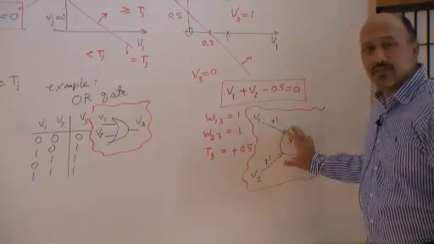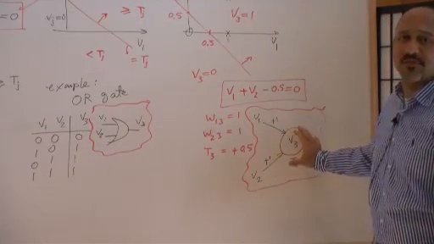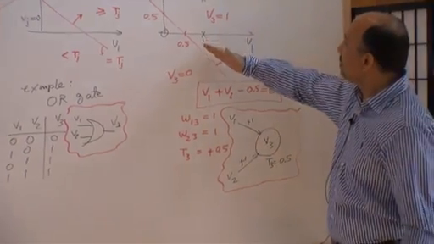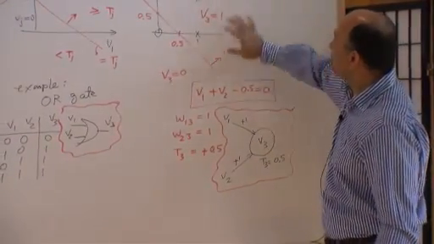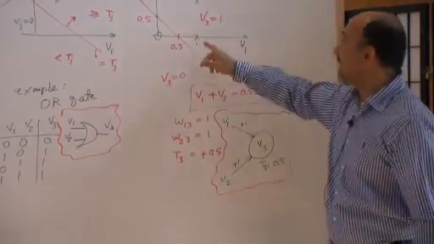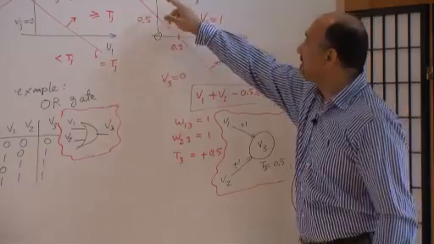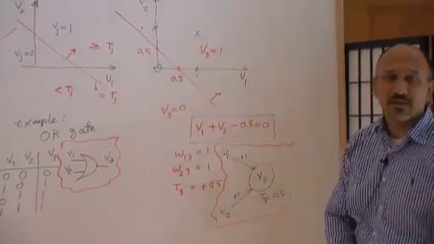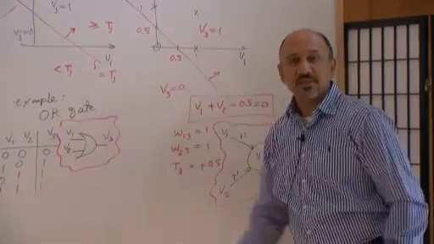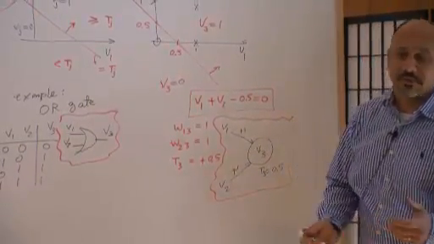But the threshold logic gate has more flexibility. Any point represented on this side of the region gives you the output equal to 1, and it doesn't have to be these points. It could be an infinite number of points on that side, and any point on this side gives you 0.